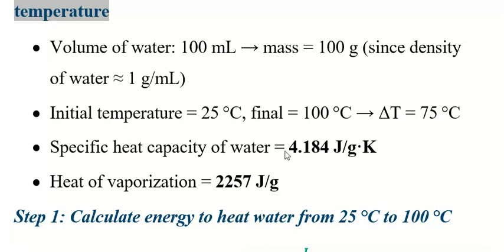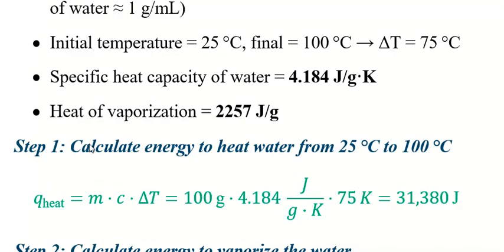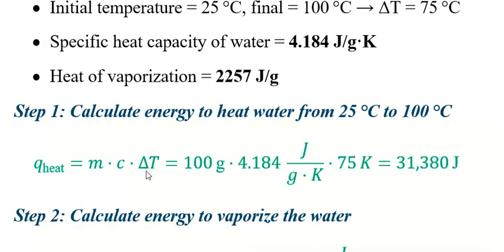Specific heat capacity of water is given, 4.184 joule per gram Kelvin. And the heat of vaporization, in other words enthalpy of vaporization, is also given in the data, that is 2257 joule per gram. First, we calculate the energy or heat of water from 25 Celsius to 100 Celsius. What is the formula?